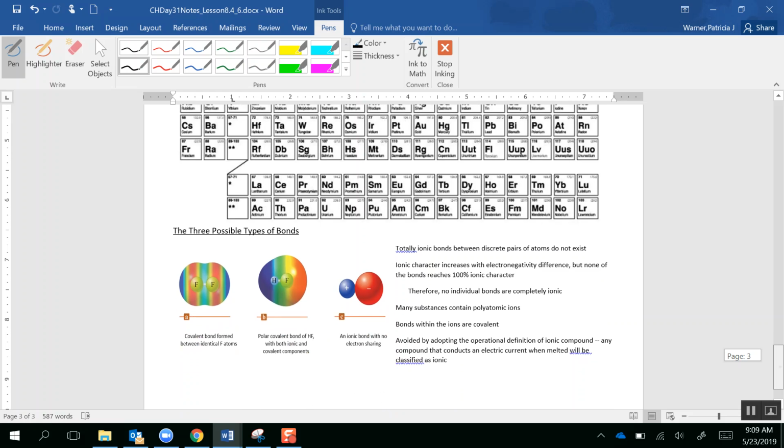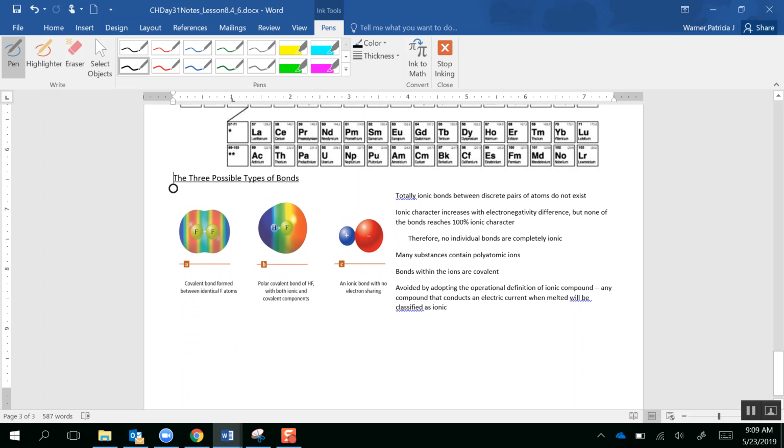All right, we'll finish up this lesson by showing a pictorial of the 3 possible types of bonds. We talked about these in the last lesson. Covalent bond is formed between identical atoms, and that means the electron density is shared exactly the same. Polar covalent, we have one atom that's pulling the electron density closer to it, so it's going to have a partial negative, where this side would have a partial positive.